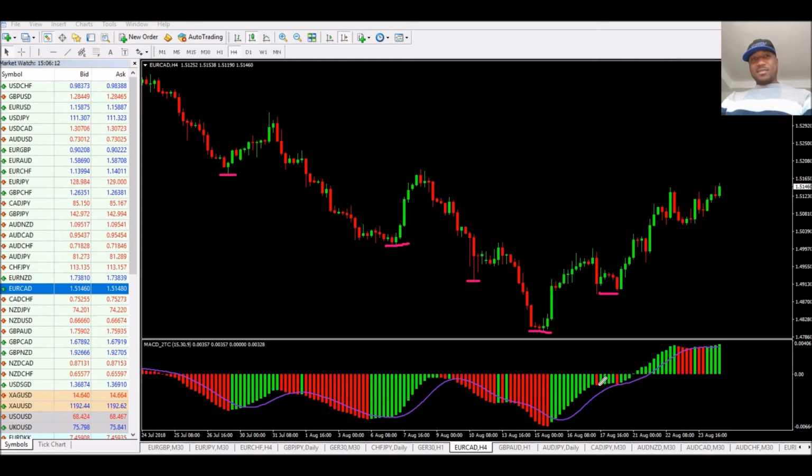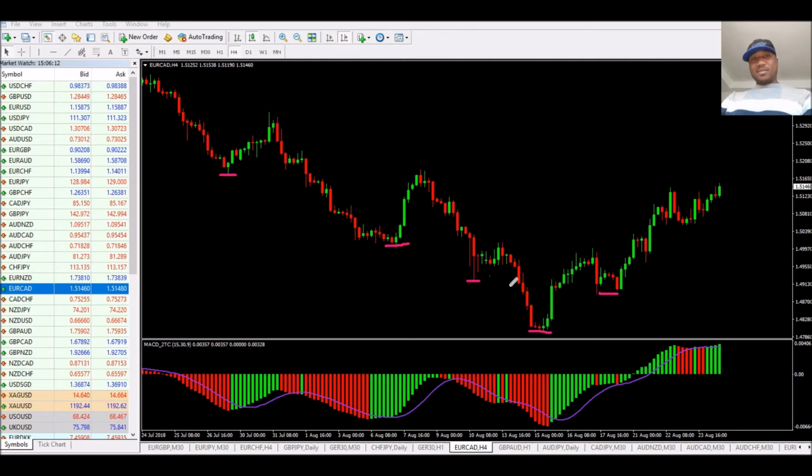And with the help of this filter, we can see that at this point, MACD is above the 0 line. If you pay attention, you will see that the MACD crossed over at this point where the market failed to create a lower low. So this is a signal.